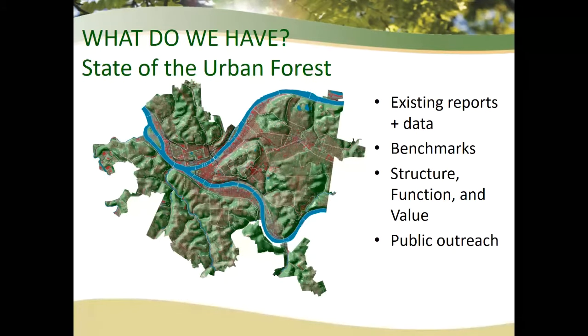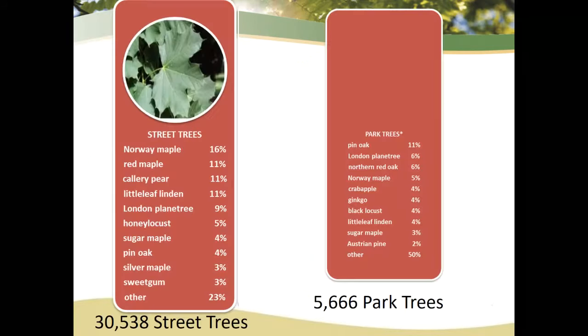Really what we're talking about is existing information about the public trees and private trees within a defined area or region. When I talk about tree inventory, everybody usually knows what that is, but that's looking at understanding the composition, structure, and function of your publicly managed trees.